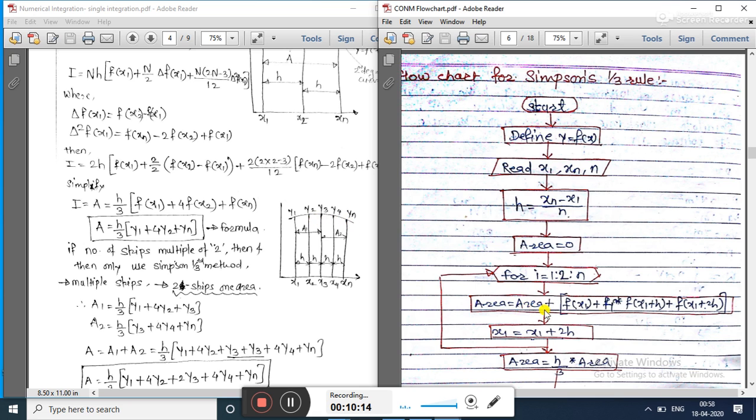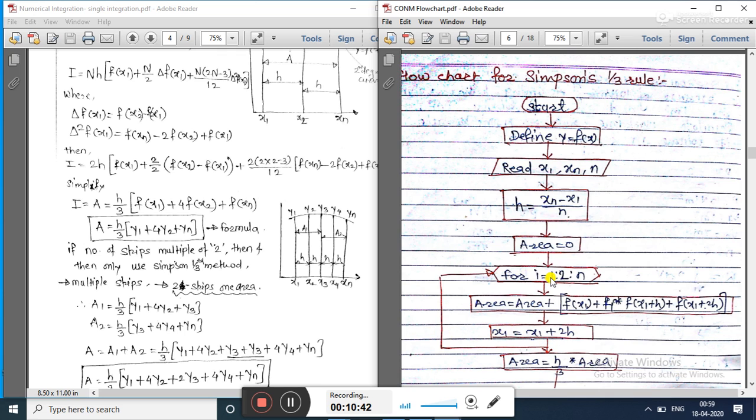Previous area value plus new value of x1 is x3, that is y3 plus 4 into y4 plus yn. First area is y1 plus 4y2 plus y3. Next area y3 plus 4y4 plus yn. Next x3 plus 2h is x5, that is xn.